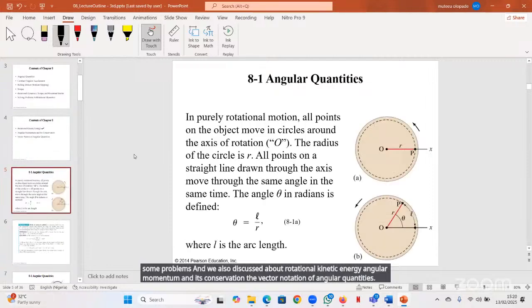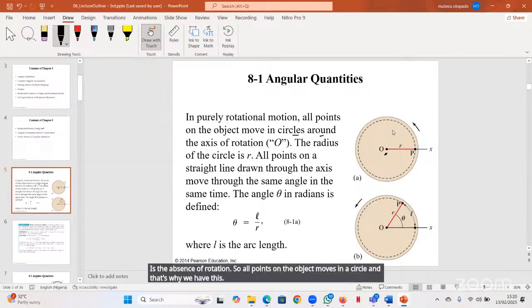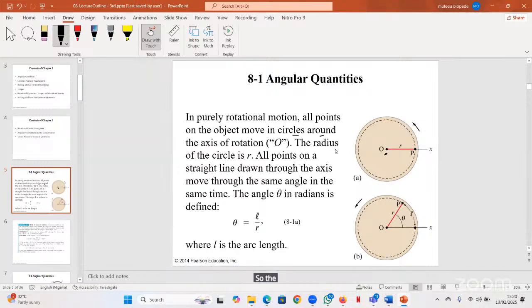Now, we'll begin. In purely rotational motion, all points on the object move in circles around the axis of rotation. This point O is the axis of rotation. So all points on the object move in a circle, and the radius of the circle is given as r.